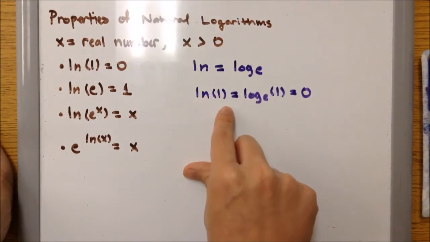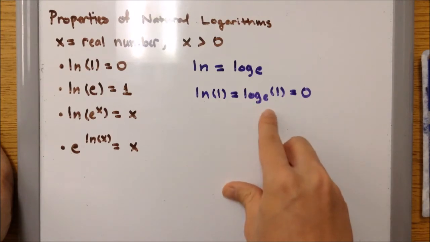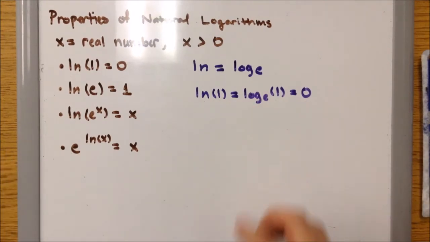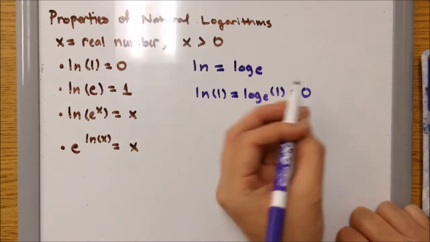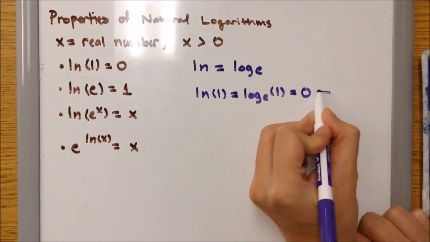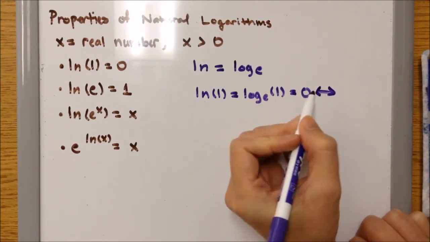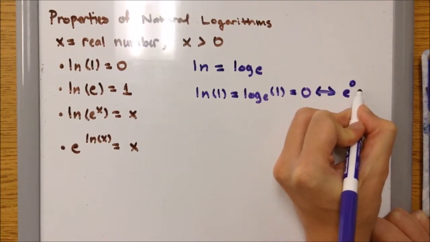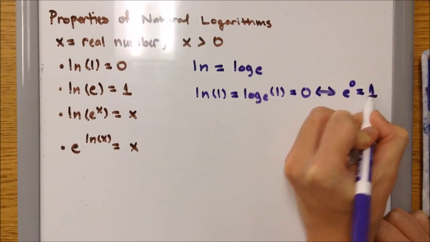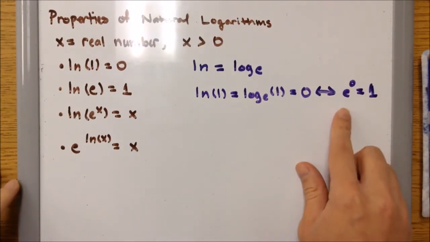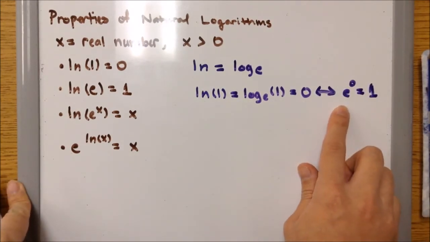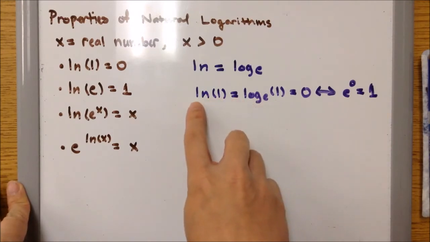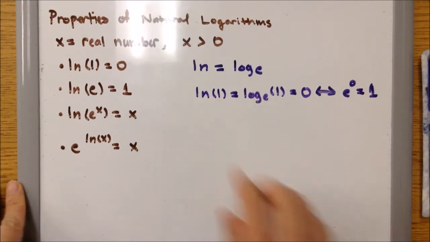So when you have ln of 1 equals log base e of 1, if I were to write that in exponential form, then basically it's e to the 0 power equals 1. And e is also a function, just like log and natural log, or ln, on the calculator.